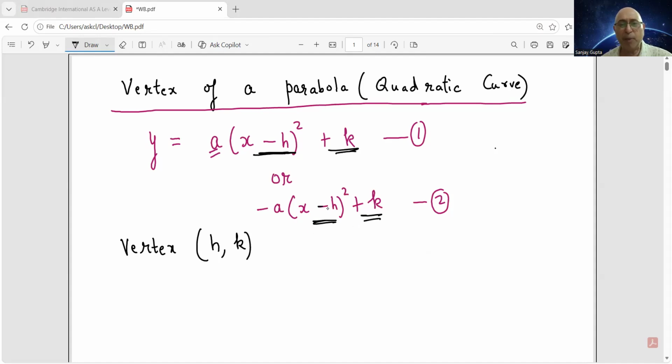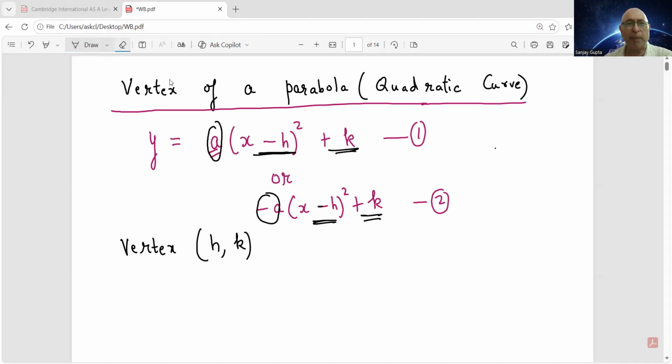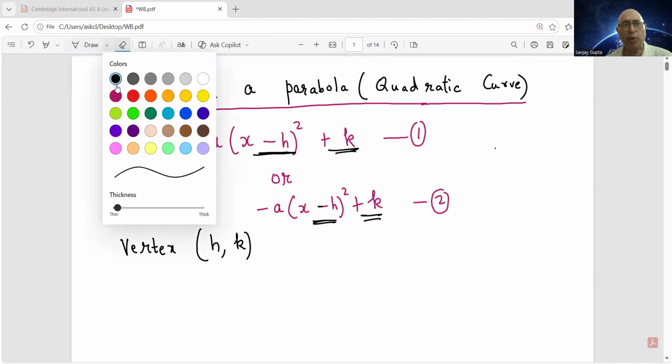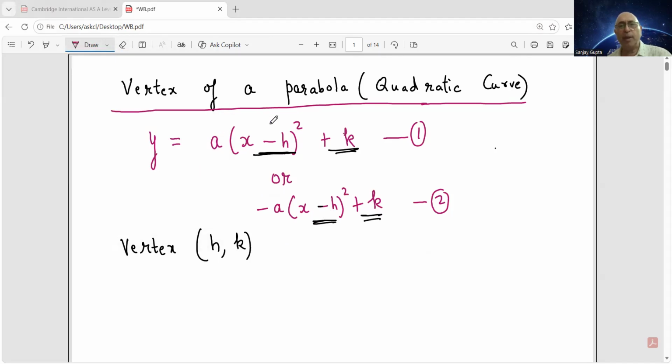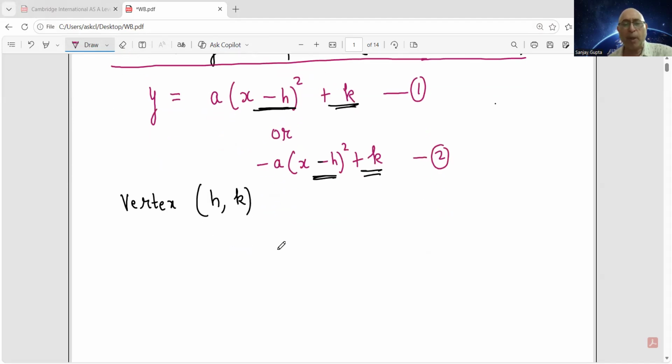That is very important, that we should have negative h. Then we have the vertex as h comma k. This does not make any difference to the vertex. This makes a difference to the shape of the parabola, but it doesn't make any difference to the coordinates of the vertex. So one of the first applications, or useful things, that comes out from the completed the square form is that we are able to read the vertex of the parabola.